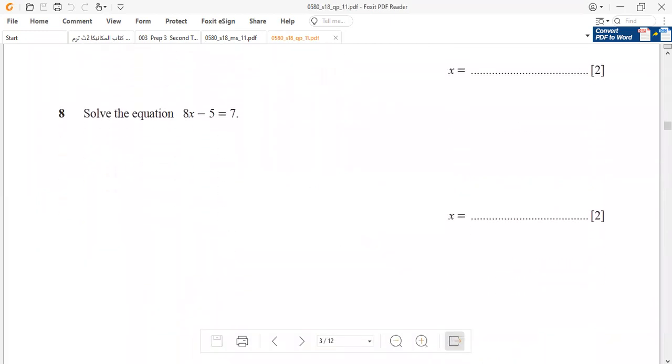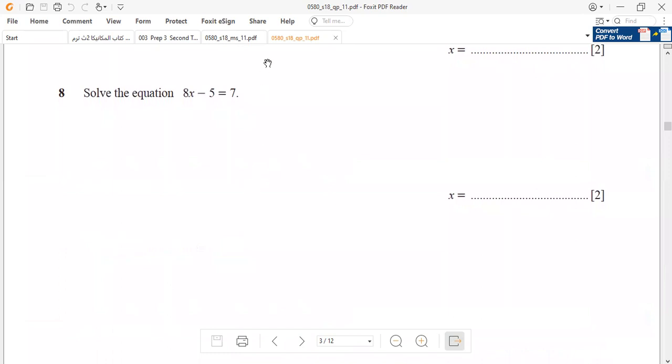In question 8, we have an equation here. Solve the equation 8x minus 5 equals 7. Okay, first of all, write the equation 8x minus 5 equals 7. We want to cancel the minus 5 here, so we can add 5 to both sides.